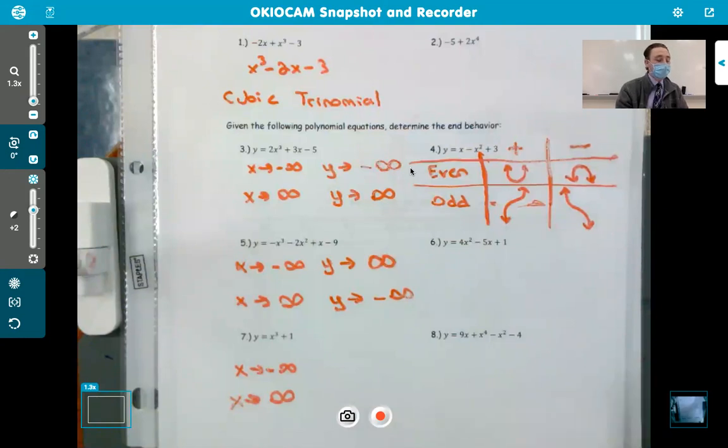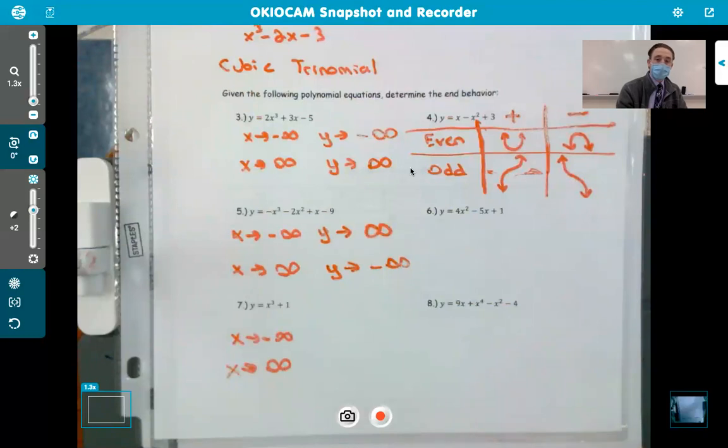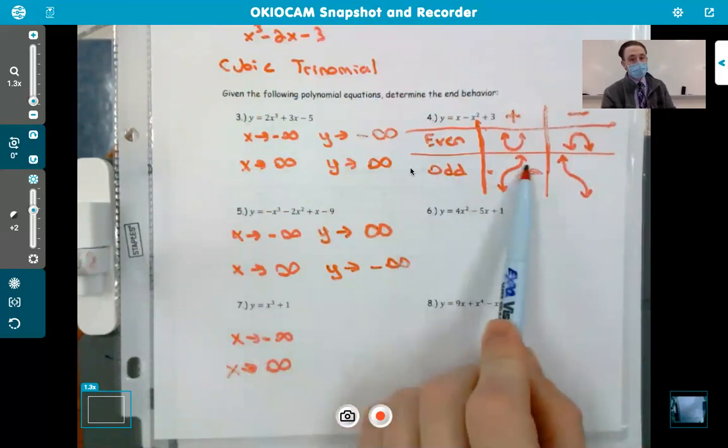What is the degree of my equation in number 7? Even or odd? Odd. Good, it's odd. And the leading coefficient, is it positive or negative? Positive. So we'll go to our chart again, odd and positive.